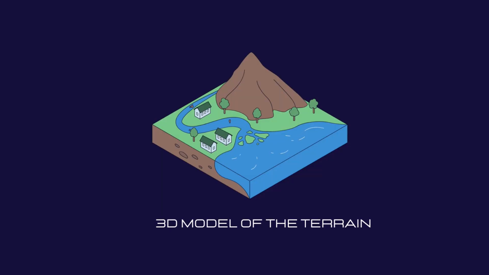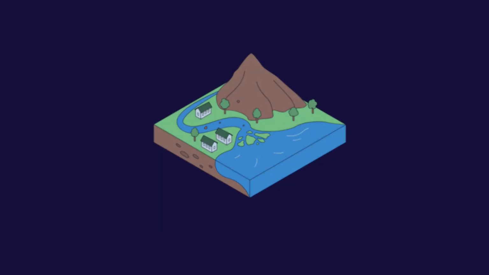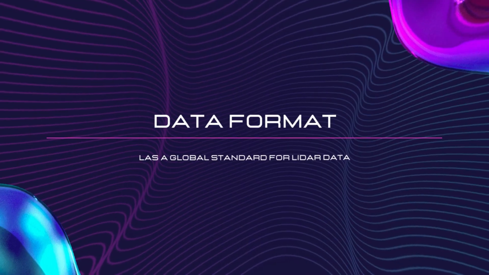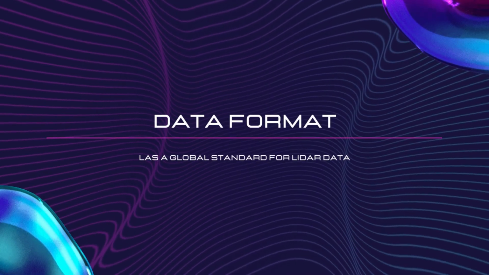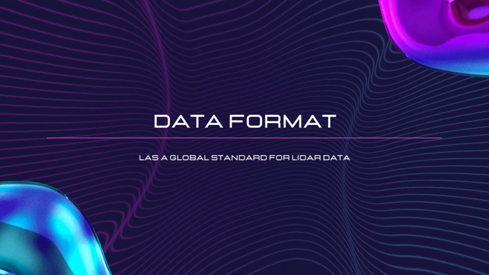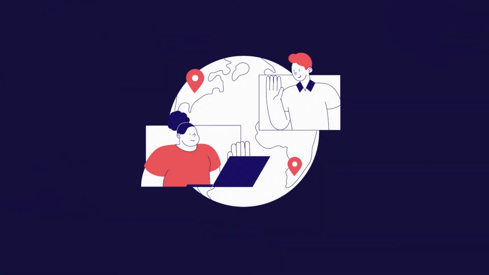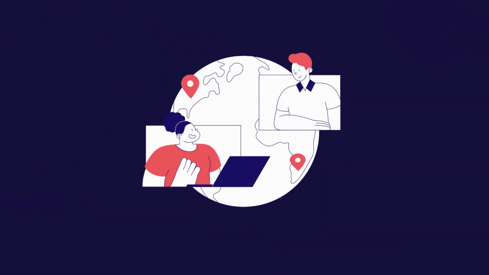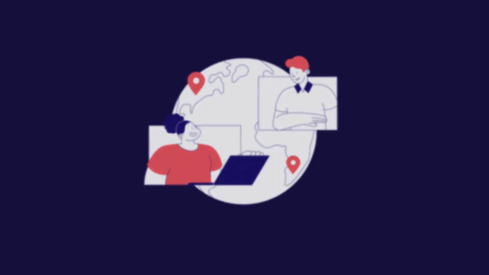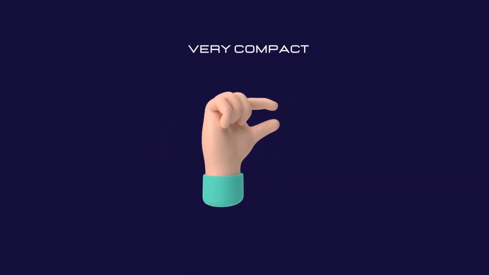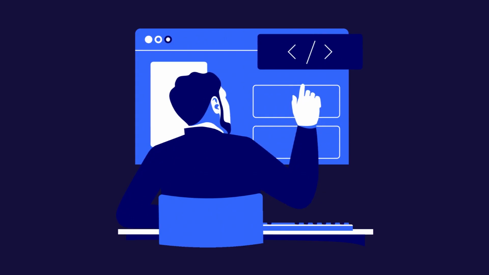Let's now move on to the presentation of the LAS format, a global standard for storing and exchanging LiDAR data. The LAS format is the global standard for storing and exchanging LiDAR data. It is a binary format, so it is very compact and quick to read even for files containing millions of points.